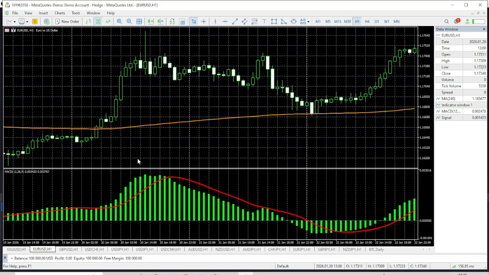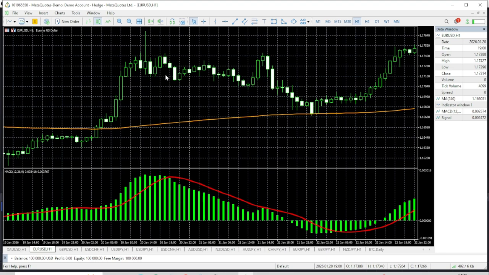So in this case of Euro USD, the signal bar, the retracement bar, the pullback bar is this candlestick, determined by the histogram bar that closes below the MACD signal line. So once we have this, our pullback is complete.